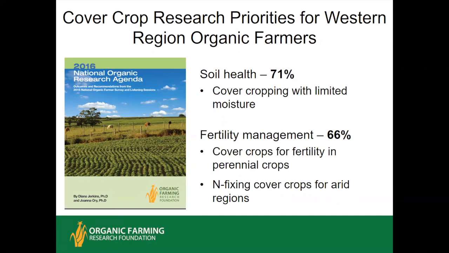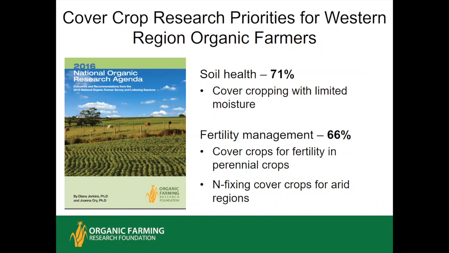Basically, to find out what the leading priorities for research topics within organic agriculture were. 555 of the respondents were from the Western region, and soil health, as was true for all regions, emerged as a top priority, with 71% considering it a high priority topic. And then right behind it was fertility management at 66%.